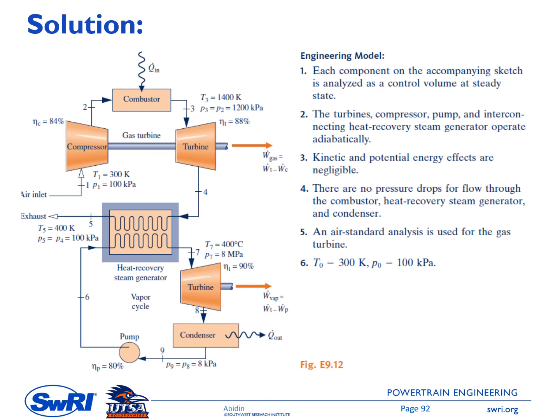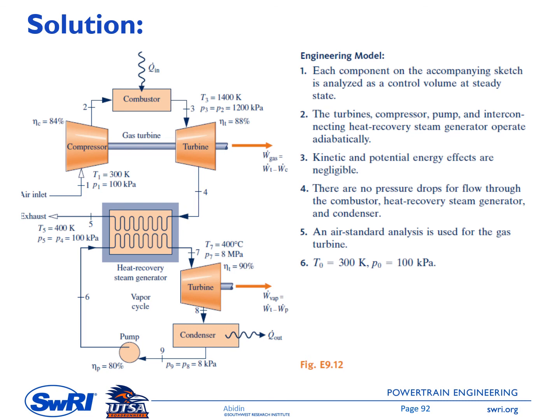Left side is the schematic of the system. On the top system we have a gas power system consisting of compressor, combustor, and turbines, and you can see several numbers representing the given conditions.